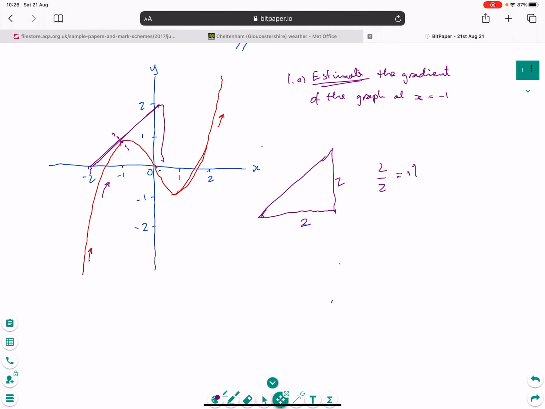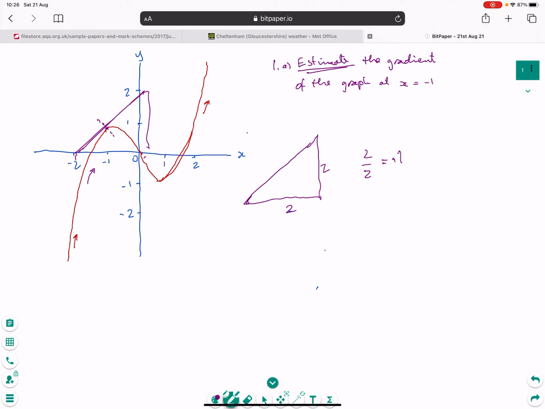But you'll want to write it like this: the gradient is equal to the change in y over the change in x. Symbol for change. So if we look here, we'll look at the y-axis first. You're starting at 0 on the y-axis. Here.